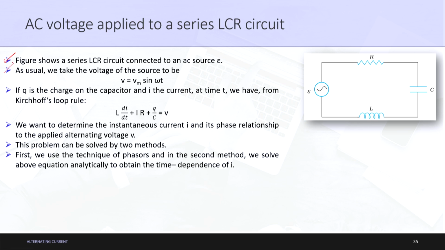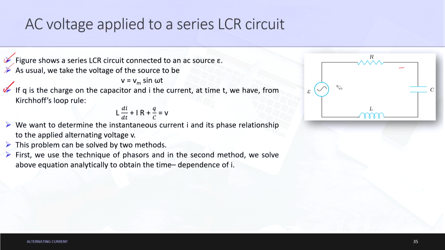As usual, we take the voltage of the source to be V equal to Vm sin omega t. Now, if Q is the charge on the capacitor and I is the current at time t, we have from Kirchhoff's loop rule, everything provided by the voltage will be equal to the summation of the drops across each element.